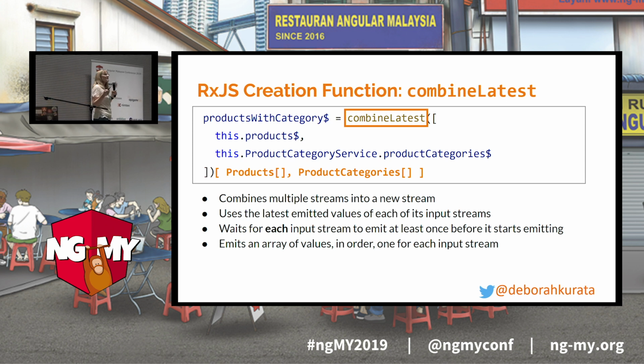So you can almost think of combineLatest as a way to create a routine that you're passing values into. So here we're passing in, air quotes, this products$ stream, our emitted value from that, and our emitted value from the products category. Then what can we do with this?